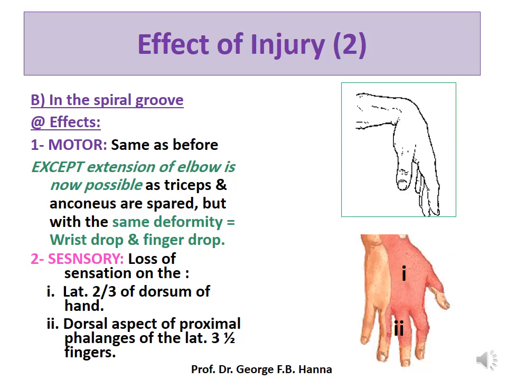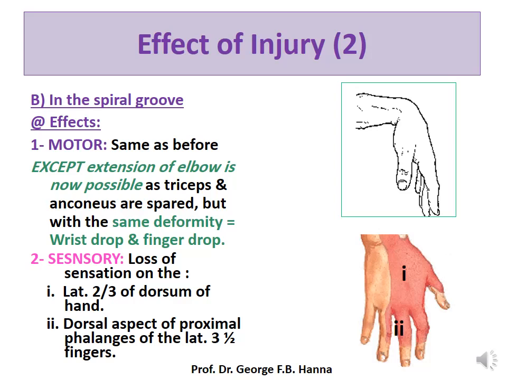So the motor effects are the same as before, except that extension of the elbow is now possible because triceps and anconeus are working, but with the same deformity as we mentioned before, wrist drop and finger drop. Let us go to the sensory. Of course, if you have injury of the radial nerve in the spiral groove, the lower lateral cutaneous nerve of the arm and the posterior cutaneous nerve of the arm and forearm are spared.